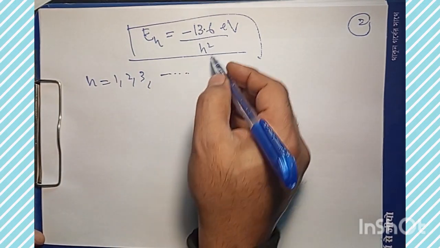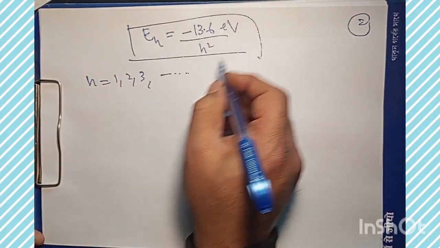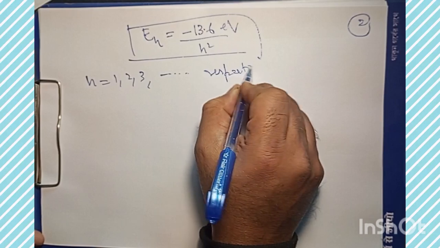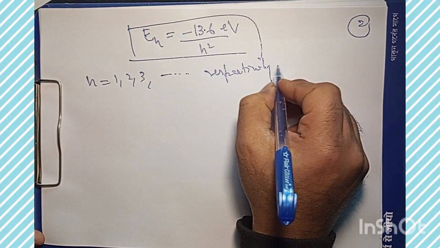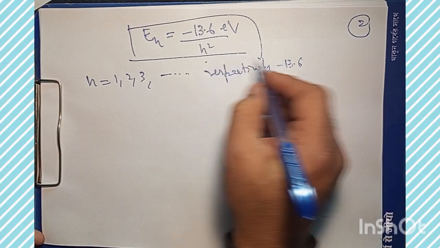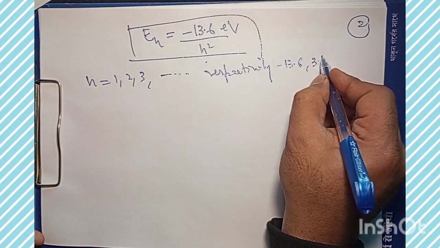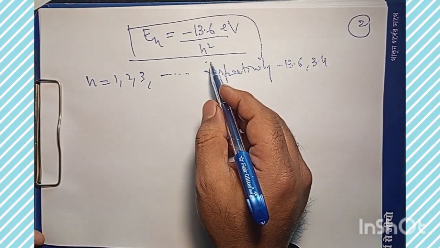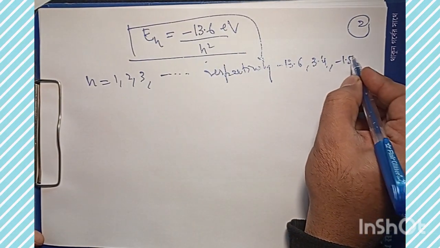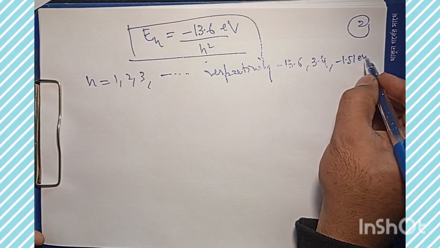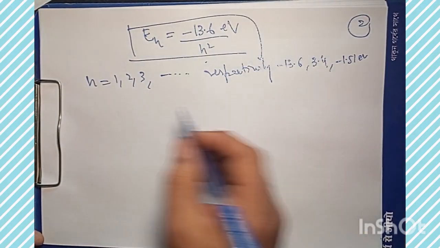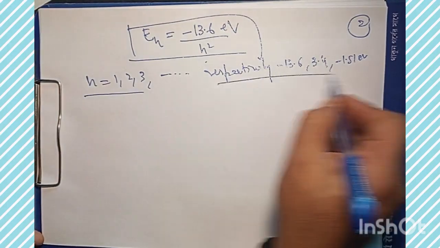Substituting in this equation, the energies come out as minus 13.6 for n equals 1, minus 3.4 for n equals 2, and minus 1.51 electron volts for n equals 3.